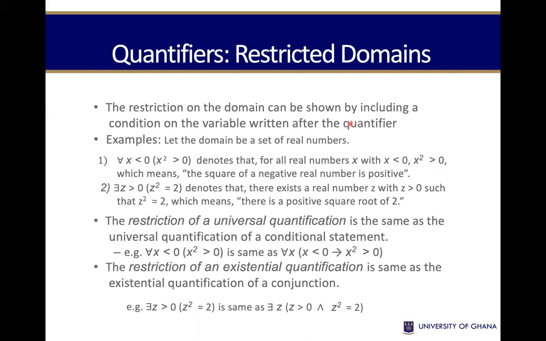Although I'm looking for real numbers, I have restricted the domain to only positive real numbers. So my main focus here is I'm looking for a particular z in the set of real numbers, in other words, in the set of positive real numbers, that when I square, I'll get a 2.